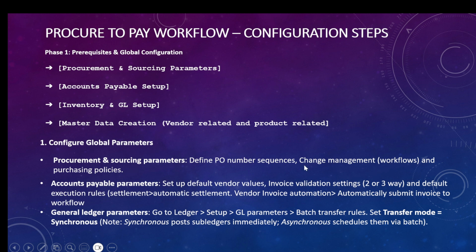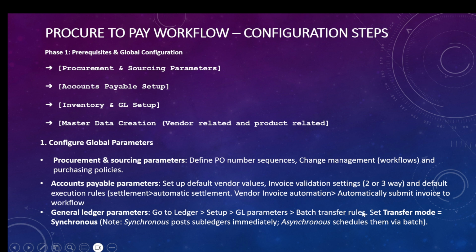Okay, for now, I'm going to just stick to the PO number sequence. We'll start change management, that is workflow, a little later. In this session, I want to cover the basic configurations needed for a purchase order creation, the entire procure to pay workflow. Okay, and then move to the advanced steps like workflows, policies, automations, etc. Okay. Now let me do this first step.